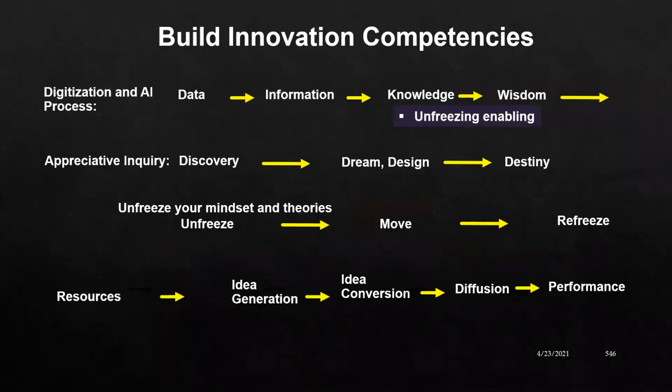So I have shared with you that when we talk about innovation competencies, we really have to build the competencies along each of the processes, right? From the beginning all the way to the end, from ideation all the way to the market. And if we look carefully, let's break it down into different perspectives.